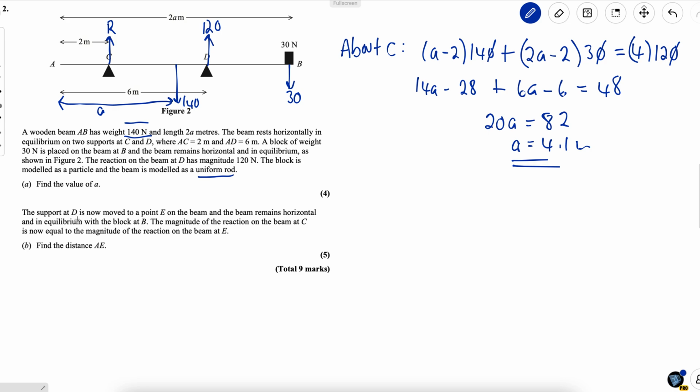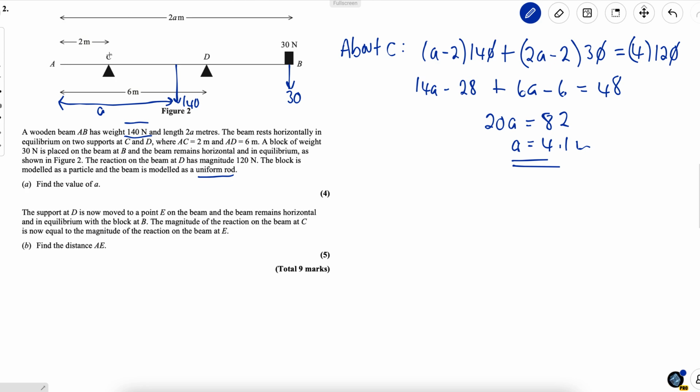So now for part b, the support at D is now moved to a point E on the beam, and the beam remains horizontal and in equilibrium with the block at B. The magnitude of the reaction at the beam at C is now equal to the magnitude of the reaction on the beam at E. Now we know that when we move these supports, the reactions must change, and that's a typical school person error to assume that the reactions remain the same.